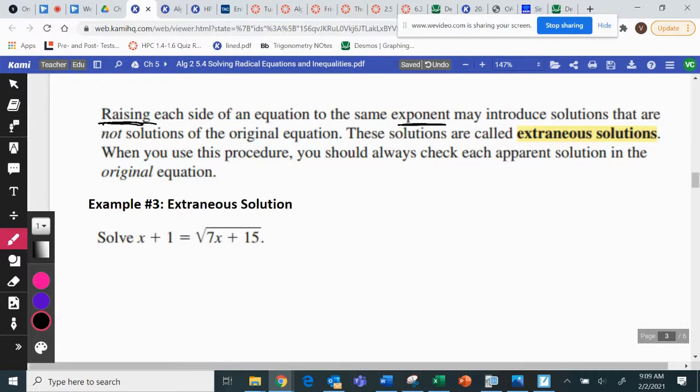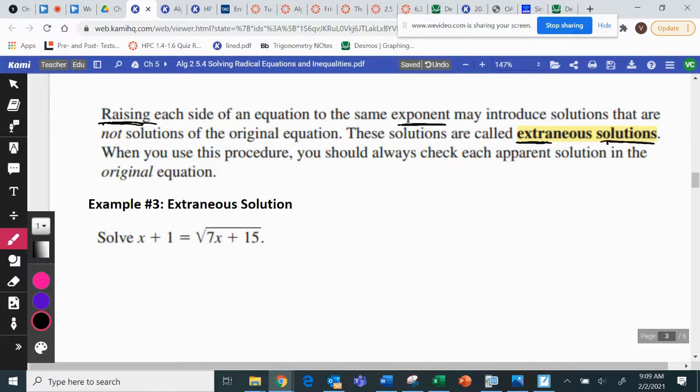And these solutions are extraneous solutions. When you do this procedure, you need to check your answers. So we haven't seen it yet, but now you're about to see something called an extraneous solution. Have we talked about those yet? Extraneous solution. When you see the word, you see extra solutions.